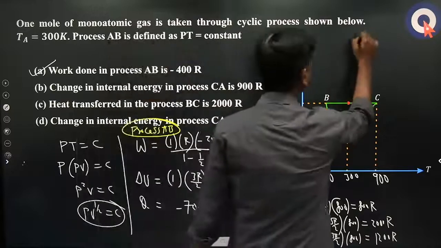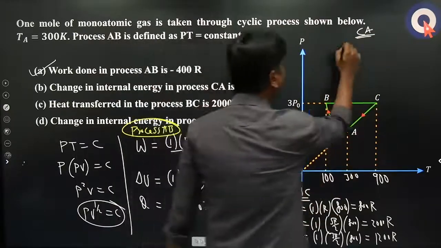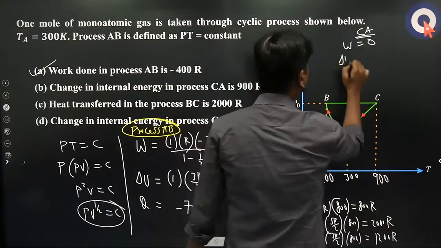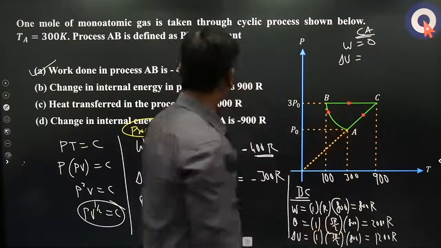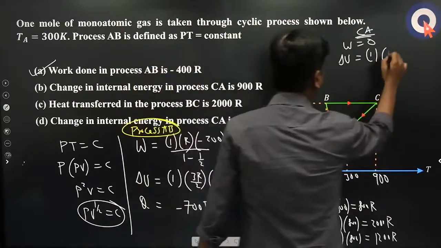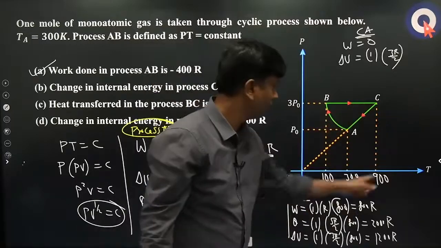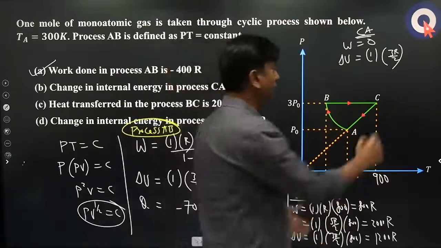Next left out is CA. Which process is CA? Definitely a constant volume, so W is 0. ΔU, change in internal energy, n Cv ΔT. ΔT from here to here, 900 to 300, so decrease, minus 600.